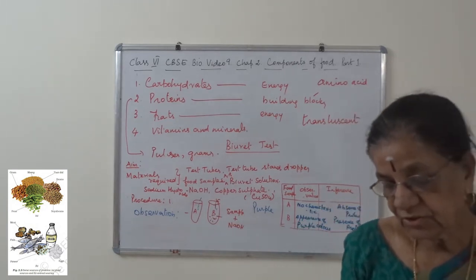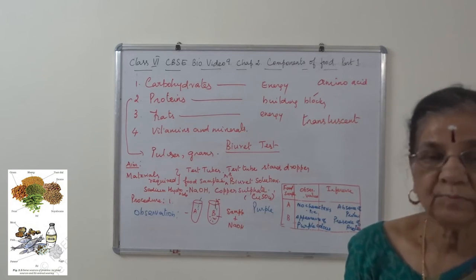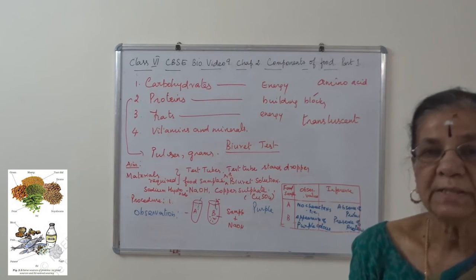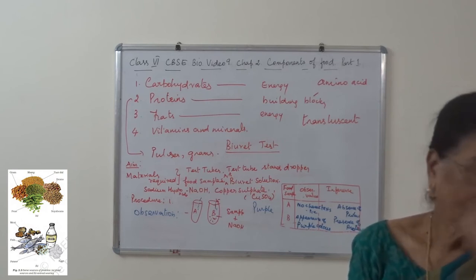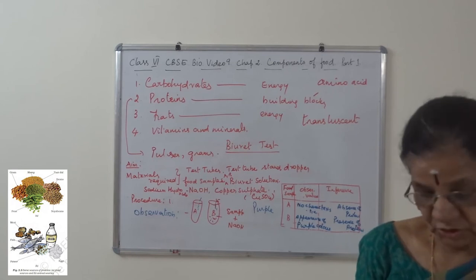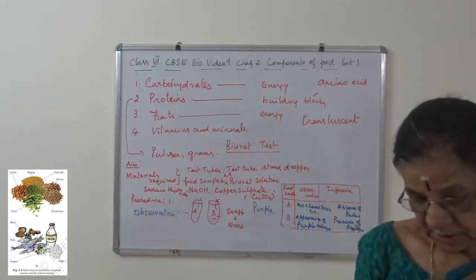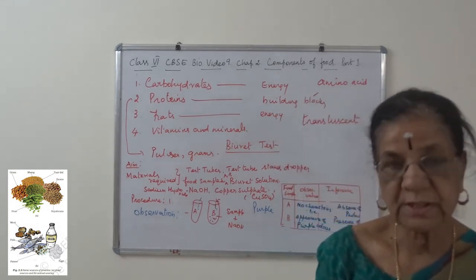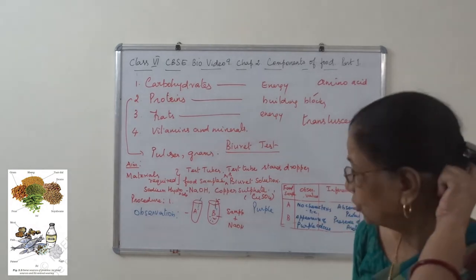If it is solid or liquid, we have to smash it and make it into a solution. But here we are taking egg white, which is already a solution. Then, using a dropper, add 2 drops of sodium hydroxide, that is caustic soda.